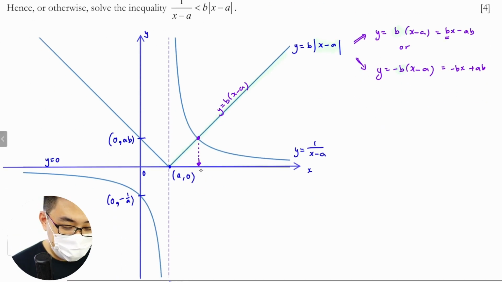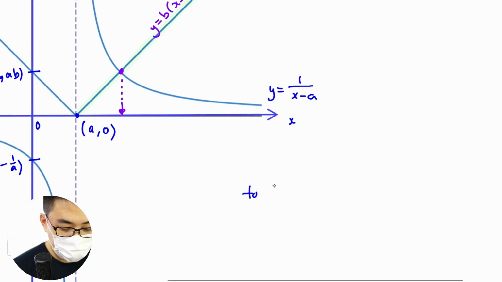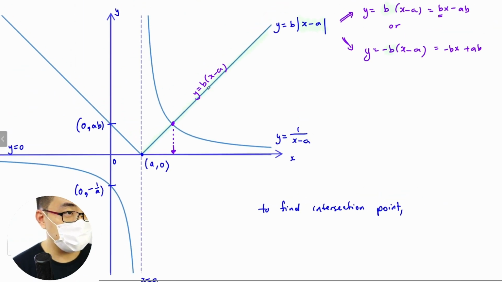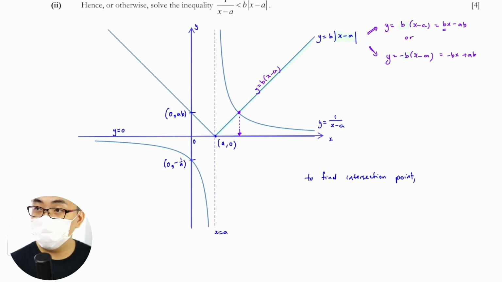So if you want to find this intersection point, what you need is take this equation here and solve with this equation. Now you will get two solutions, right?